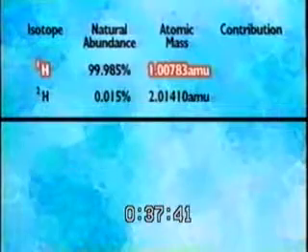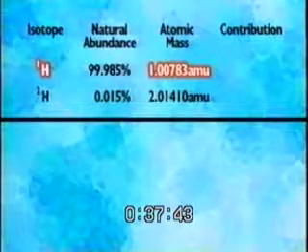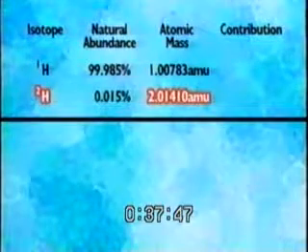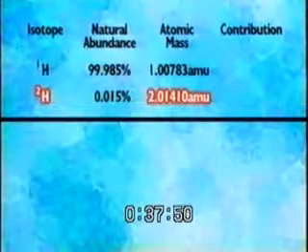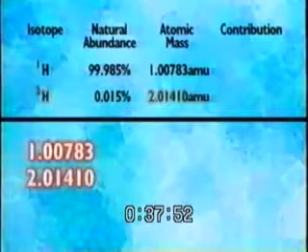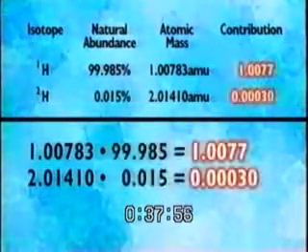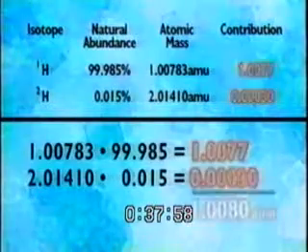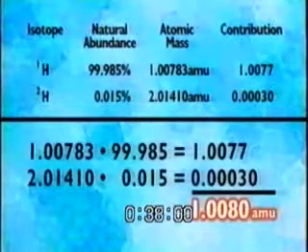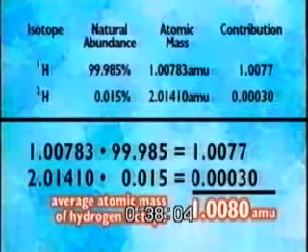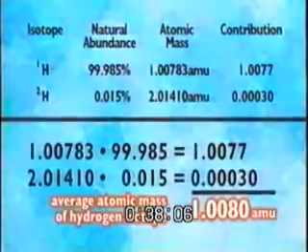The mass of the first isotope is 1.00783 AMUs, and for deuterium, 2.01410 AMUs. Multiply the mass of each isotope by its natural abundance, then add the 2 products together. The result is 1.0080 AMUs, the average atomic mass of the hydrogen isotopes.